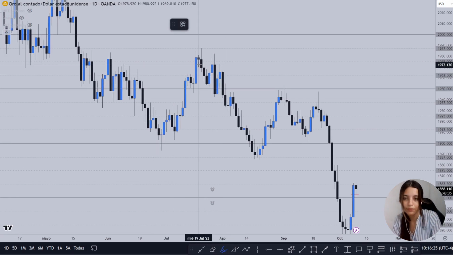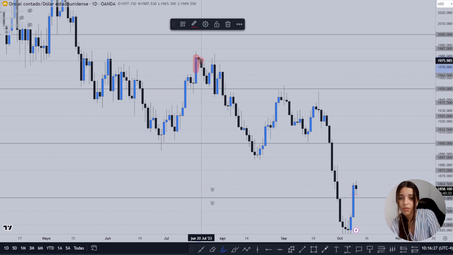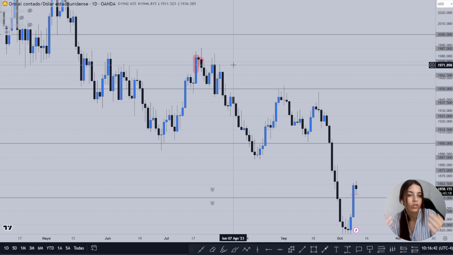So from level to level. And if you see some kind of reaction on the daily, you can go to the lower time frames and take a sell or buy setup from one of those levels. So you don't have to look at the chart every time. Just set an alert, and if price gets to this level, well, perfect.